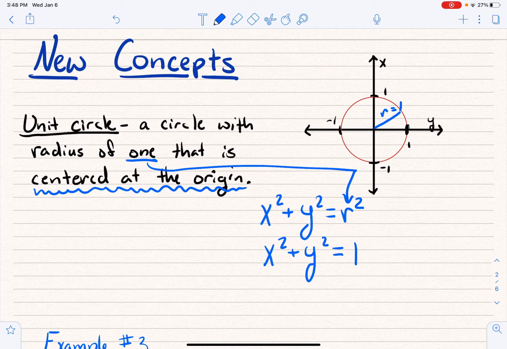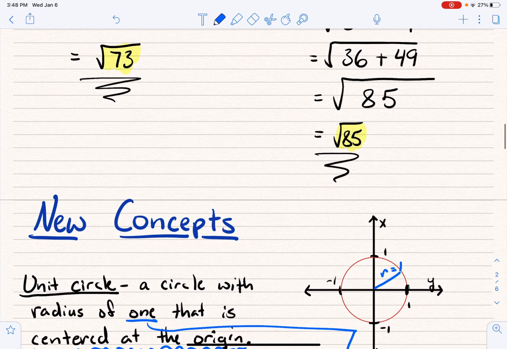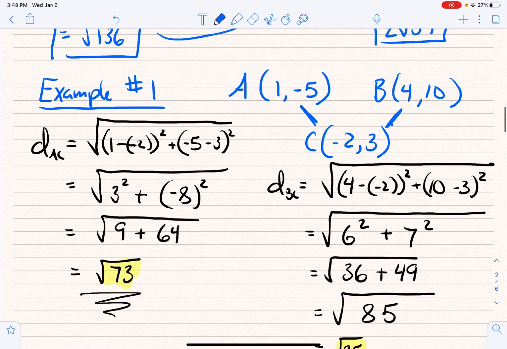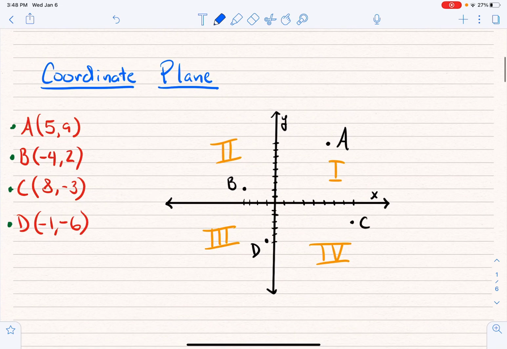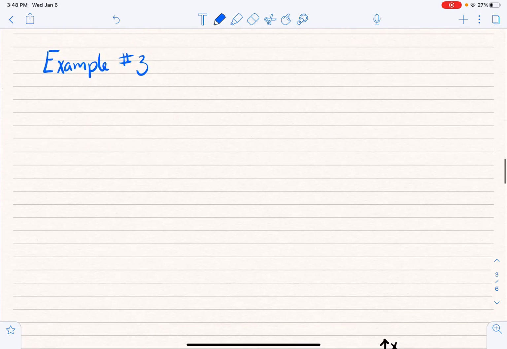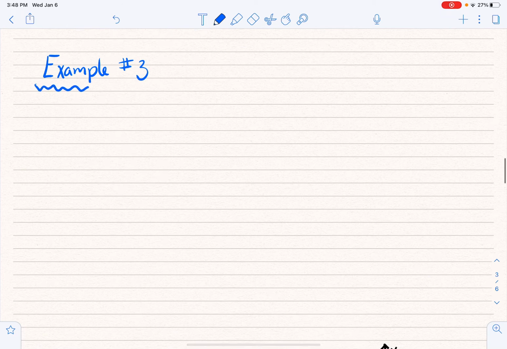A unit circle is a circle with a radius of 1 that's centered at the origin, and the coordinates will always fit into this. Now let's see here. All right, this was actually example number 2 as I look back, because we could say example number 1 was filling out where the points are. So this is example number 2. That's why I'm getting to example number 3. So we're kind of skipping around. I apologize.